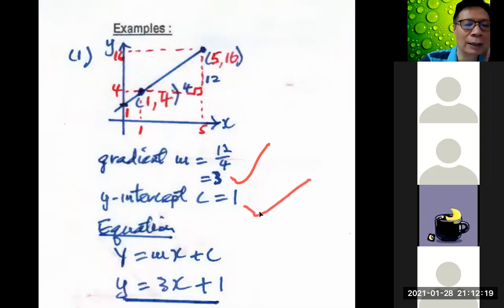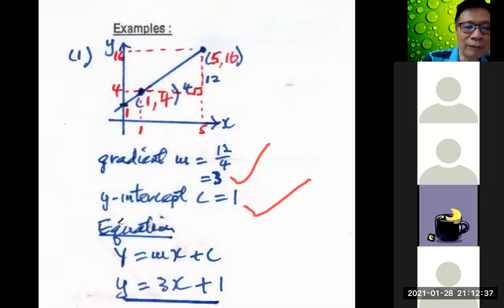Okay? Now you see, after you know the m, you know the y-intercept c, then you must know how to give the answer for the equation of the straight line, the name of the straight line.